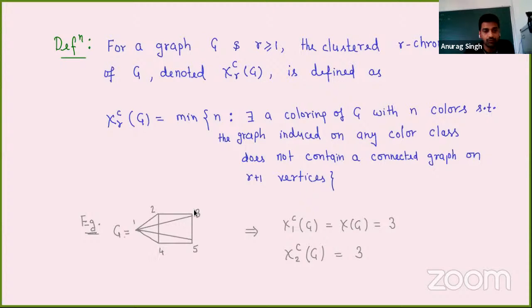So you have to color 3, 4, 5 with a few different colors. How many colors do you need to color 3, 4, 5 with the property that any color class should not induce a connected component of cardinality 3? You can color 3 with red, 4 with red, and you have to color 5 with a different color. So the two clustered chromatic number of this graph is 3.